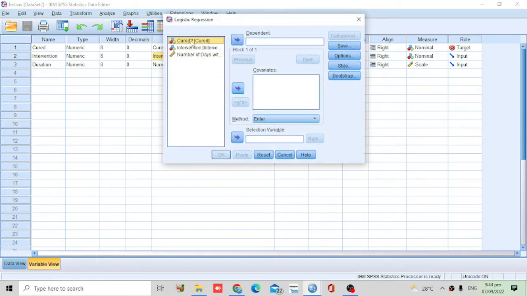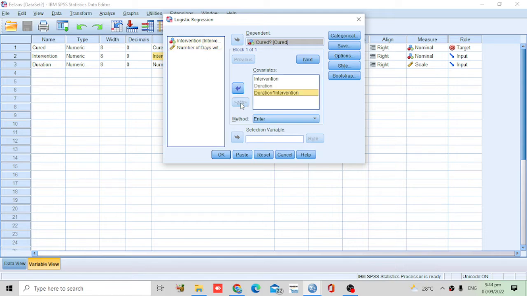They considered the dependent variable cured, and then the independent variables intervention and number of days as covariates. And also they want to see whether the intervention and the number of days with problem before treatment have an interaction effect.